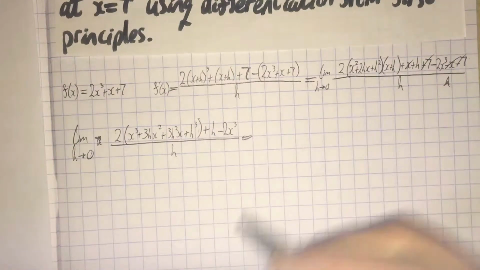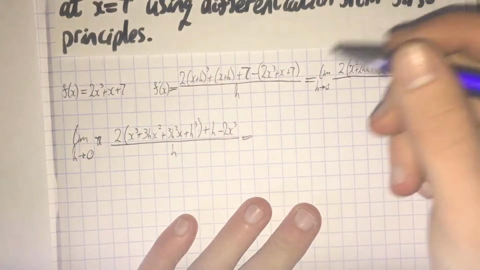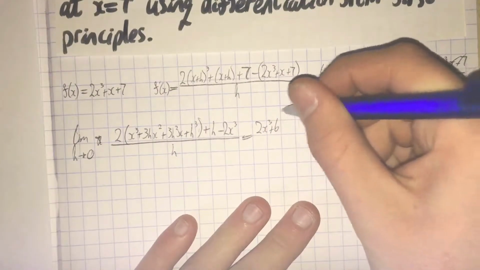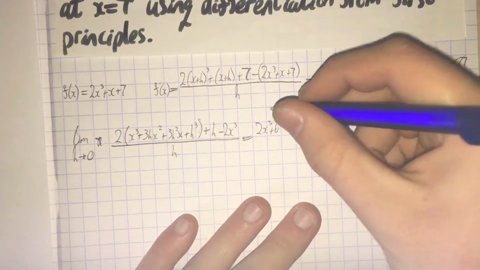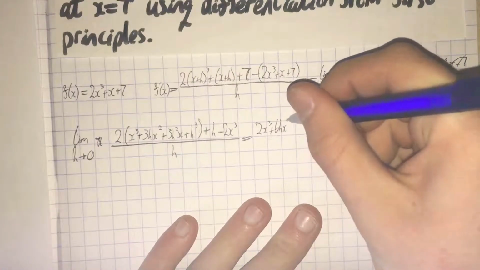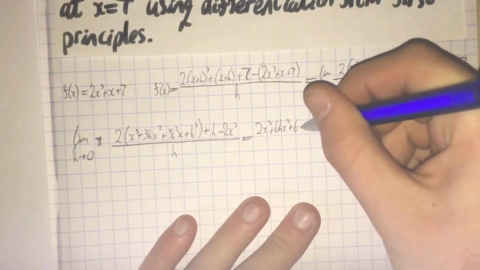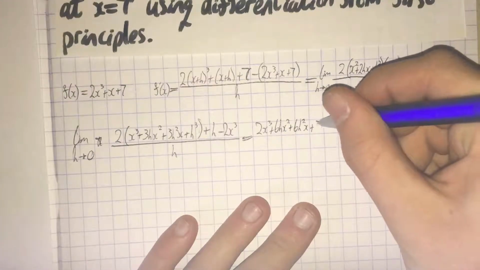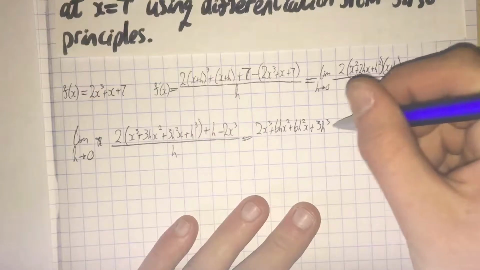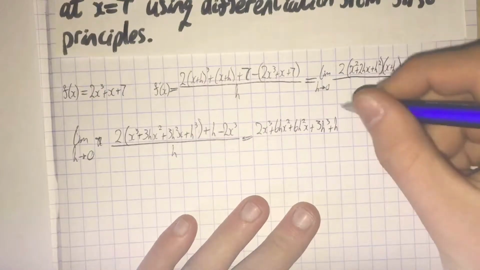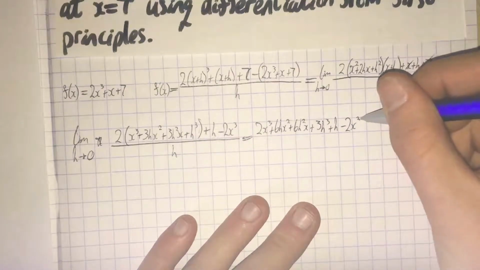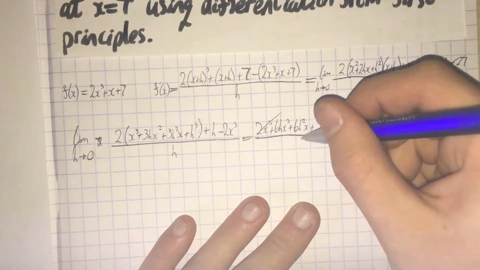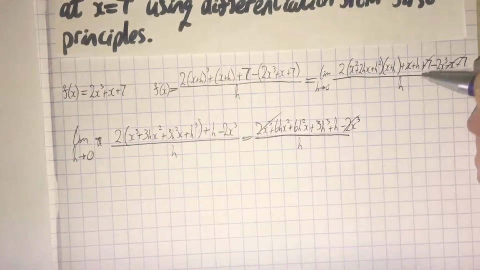Right, so that's going to equal, got to expand the brackets furthermore. I'm sure we're quite capable of that by this point. So it's going to be 2x cubed plus 6hx squared plus 6h squared x plus 3h cubed plus h minus 2x cubed. Those will cancel off all over h.